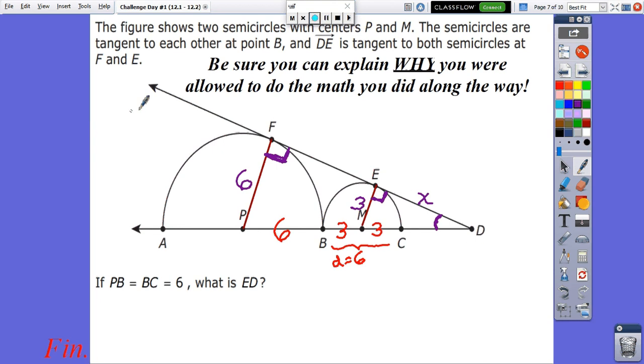So I could make a statement that triangle FPD is similar to triangle EMD by angle-angle similarity, which means if the triangles are similar, then their sides are proportional. And so that's what's going to help us figure out how long this piece is for x. All right, so we just now need to figure out where those sides are that we can set up there.